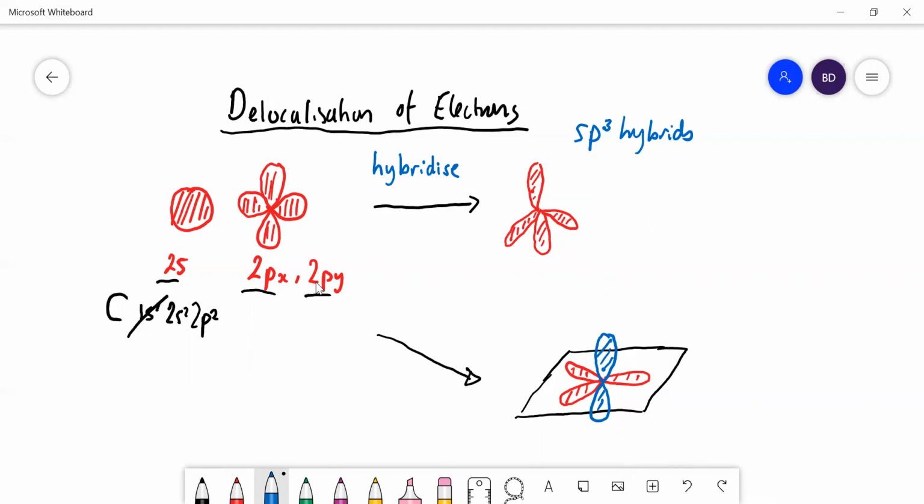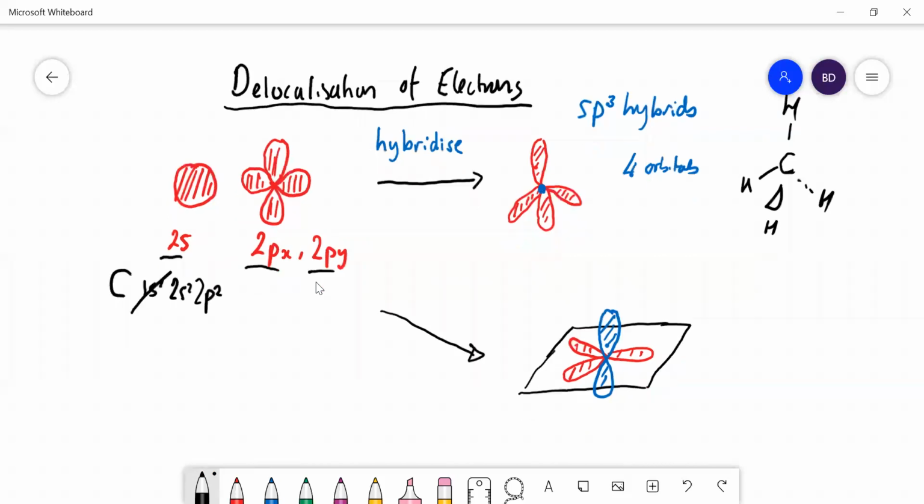It's a mixture of the s and the p orbitals, and you get 4 orbitals arranged in that characteristic tetrahedral shape. So in methane, for example, the electrons form these sp3 hybrids, and you get the characteristic tetrahedron shape of methane.